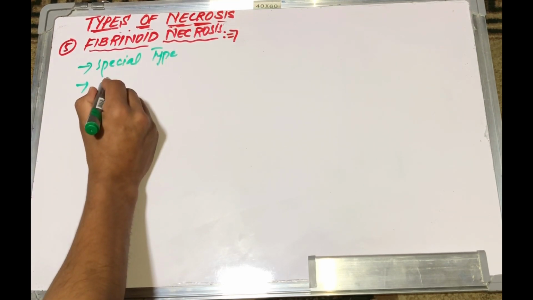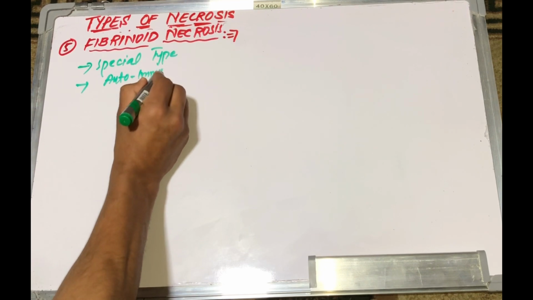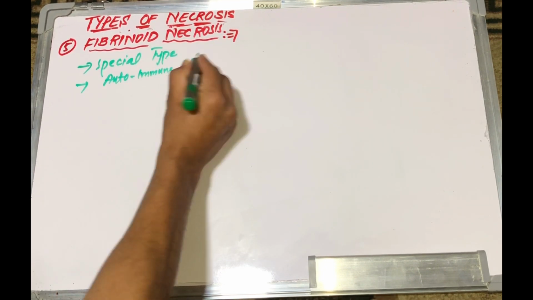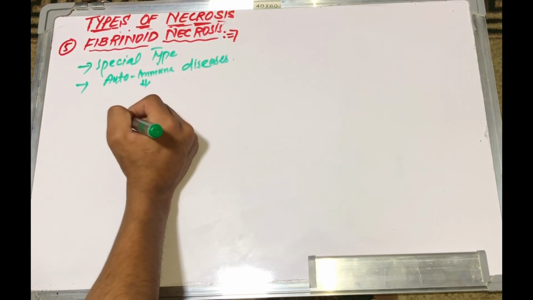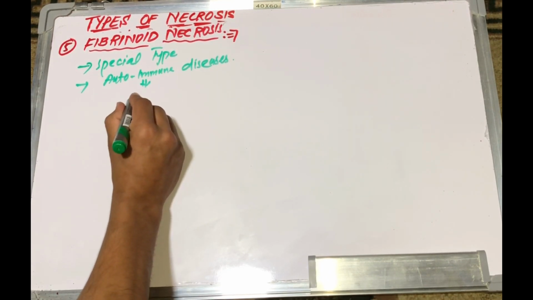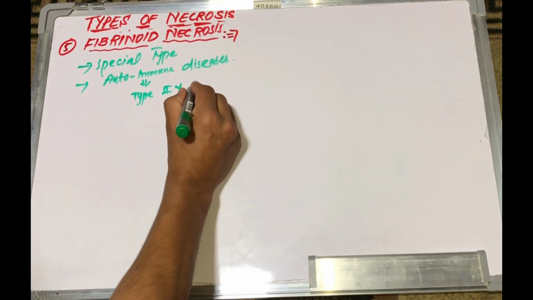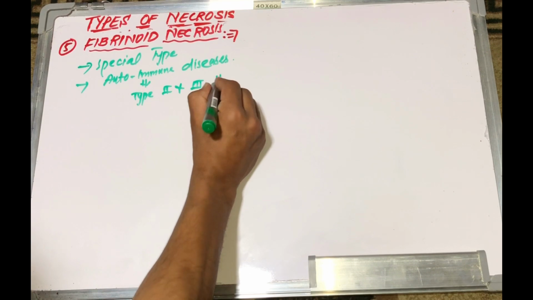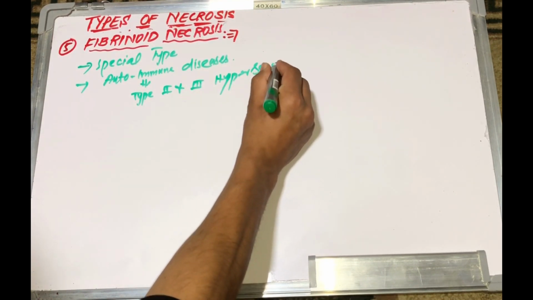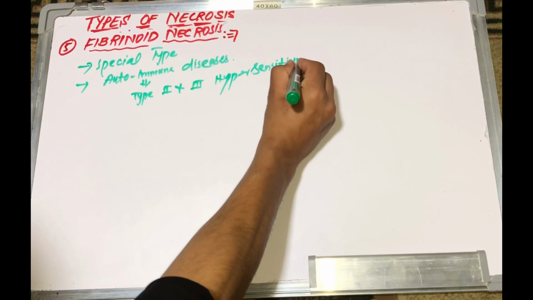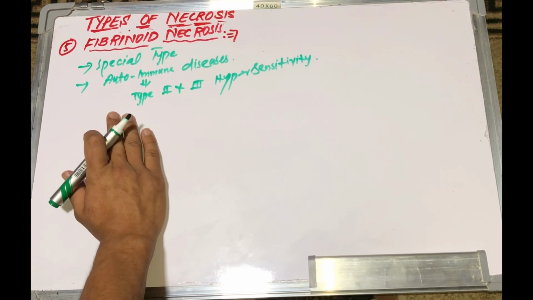It occurs in autoimmune diseases, for example in type 2 and type 3 hypersensitivity. It is a special type of necrosis which occurs usually in autoimmune diseases.